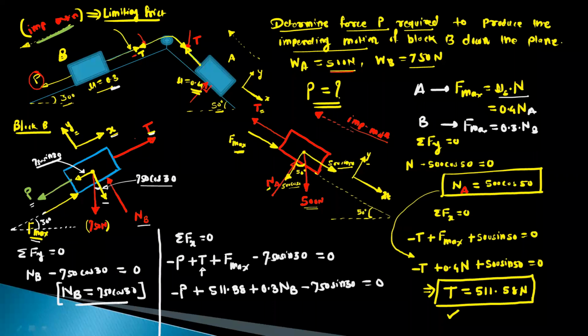Okay, so from this equation, put this value of NB in this equation and calculate the value of force P. So you will get the force P as 331.44 Newton. Okay, so you can check this answer.